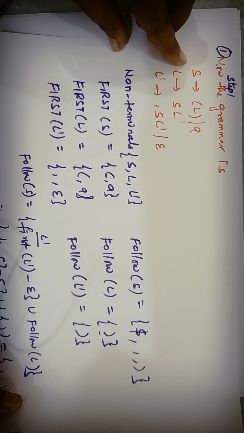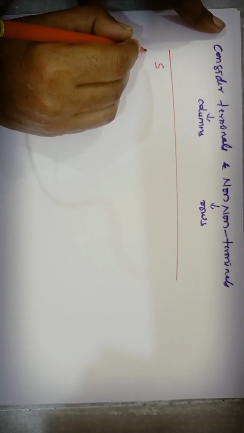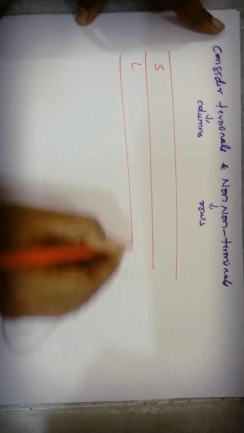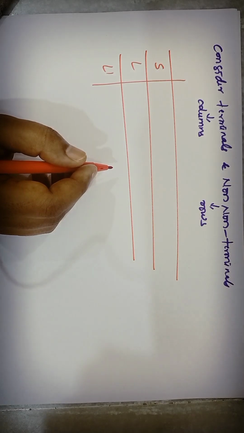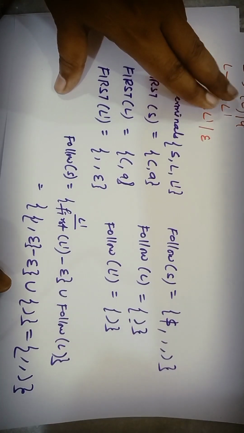How many non-terminals are there in the given production? Three non-terminals are there. What are they? S, L, L dash. S, L, L dash we have to take as rows. And what are the terminals we have here by observing the grammar?